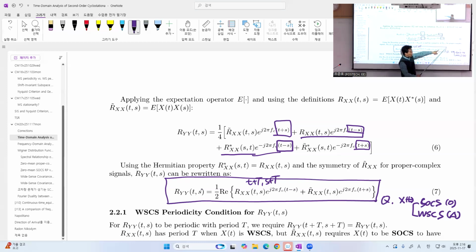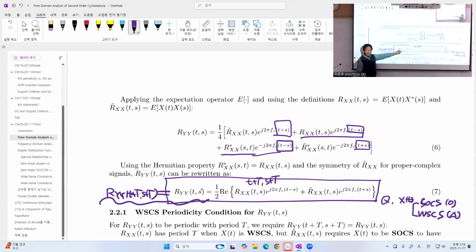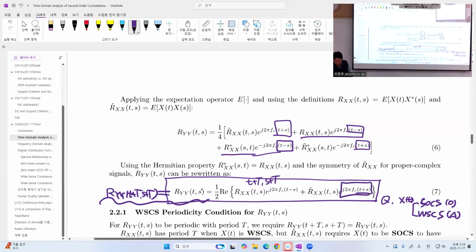However, we have this factor that is very, very problematic. So when do we have the equality between the autocorrelation of y evaluated at t comma s and that evaluated at t plus capital T and s plus capital T? So this is the problematic part.